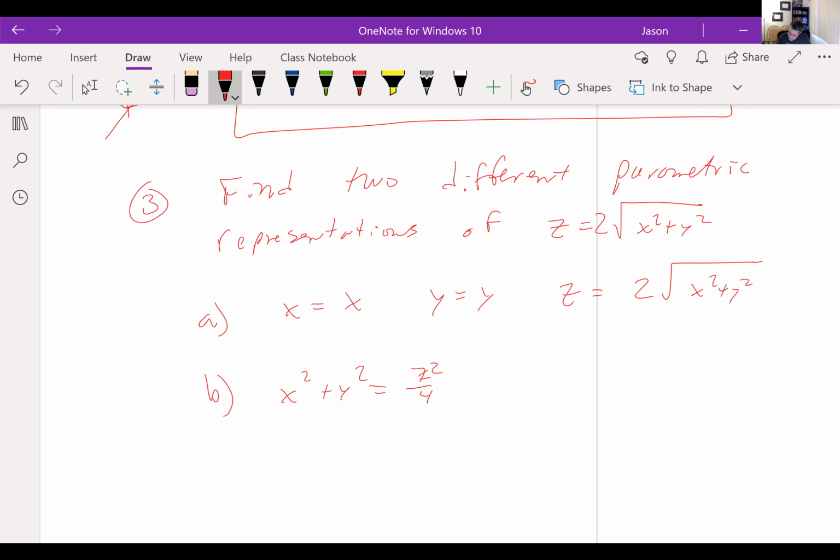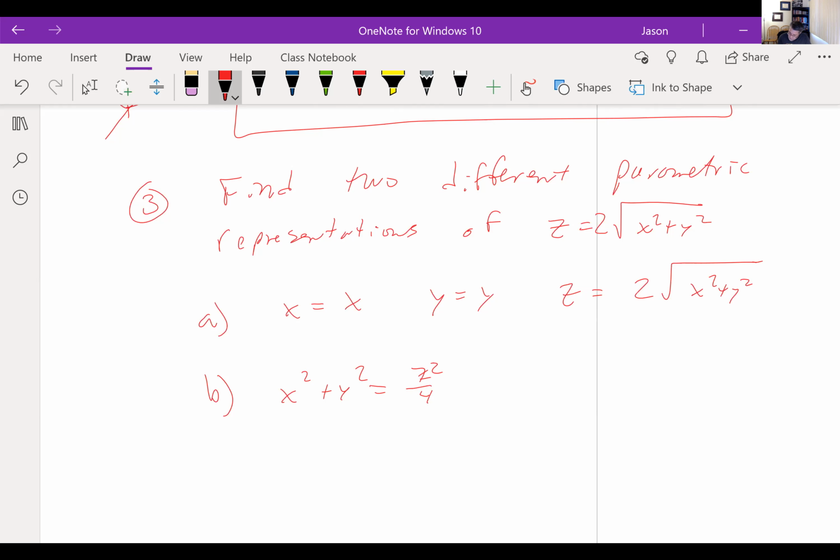How far out we are depends on theta in the y direction, and how far up we are in the z. Yeah, that makes sense. Cosine theta, sine theta. That's good. Okay, so for surfaces of revolution, we use that.